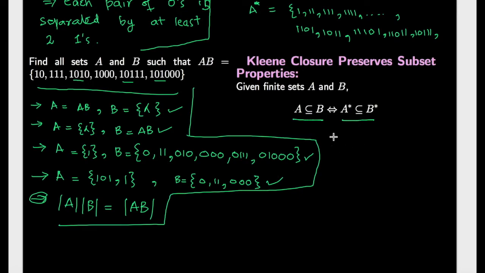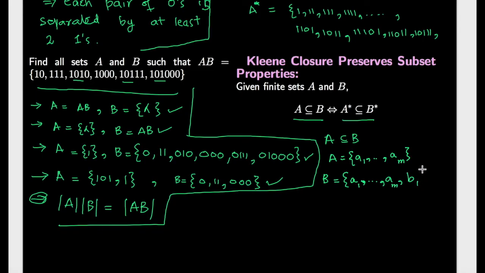Let's say A is a subset of B. So A is A1 up to AM, and B, because B is a superset of A, is A1 up to AM and let's say just one more element. You can generalize it with more elements, but this serves our purpose.